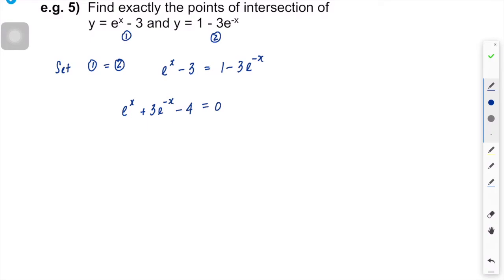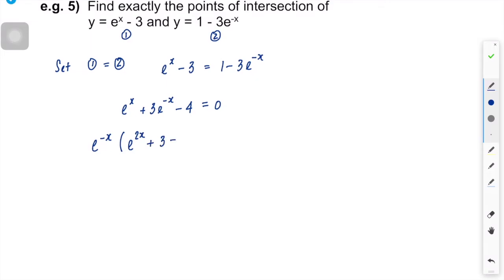Why don't we factor out e to the power of negative x, the lowest exponent of e? Then, what does it look like? e to the x divided by e to the negative x gives us e to the power of 2x. Plus 3 minus 4. Well, we have to divide the original term by a common factor.